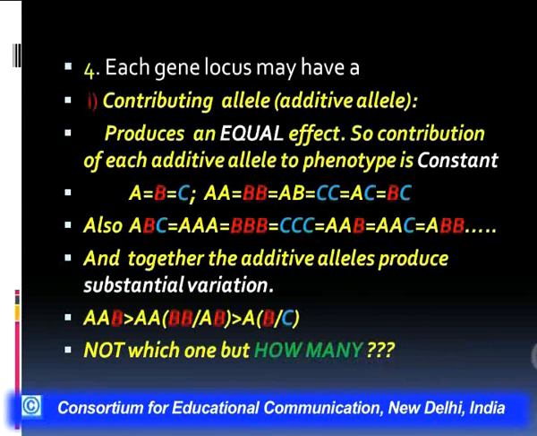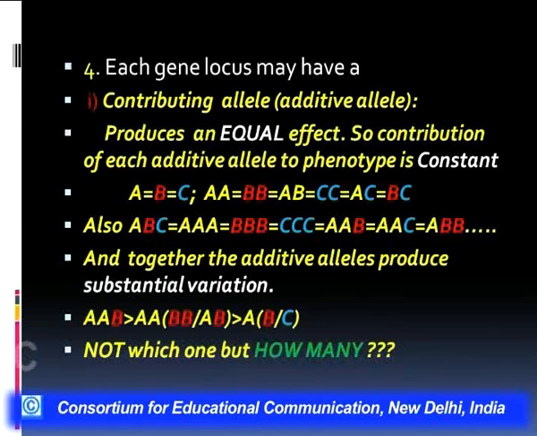We are only concerned with how many, which means A, B, C will have the same effect as triple A, or triple B, or even triple C, or any of them represented twice and one of the others. So, our emphasis is on how many and not which ones, because A is equal to B is equal to C.